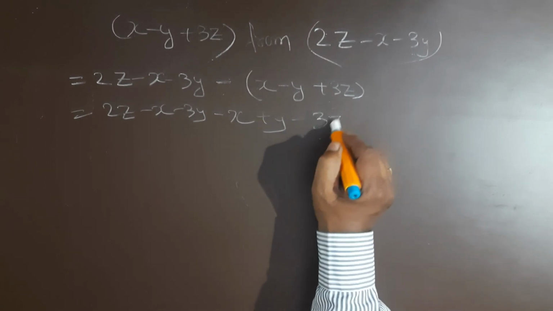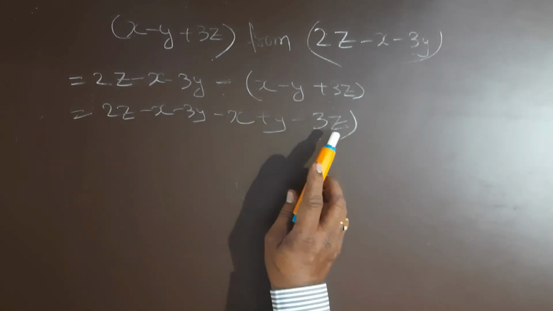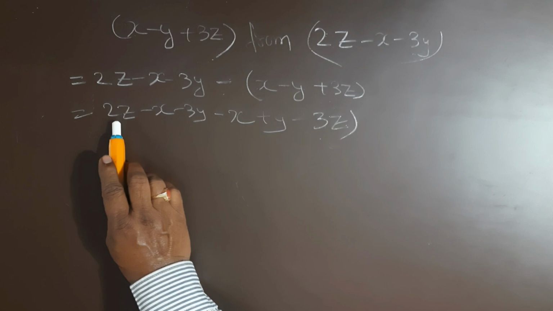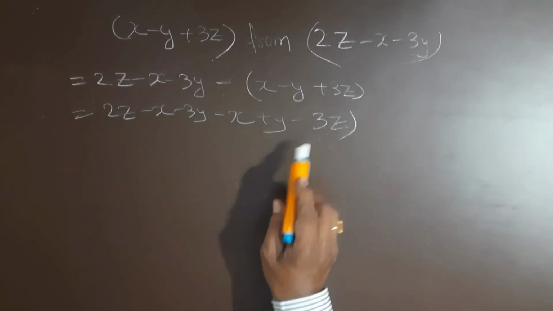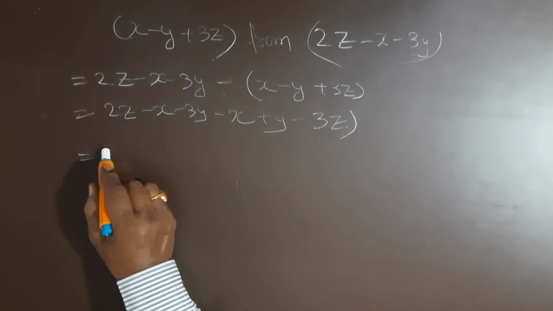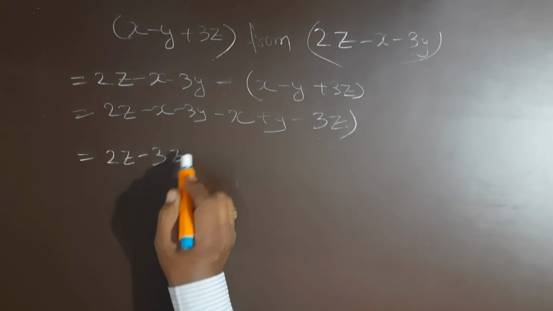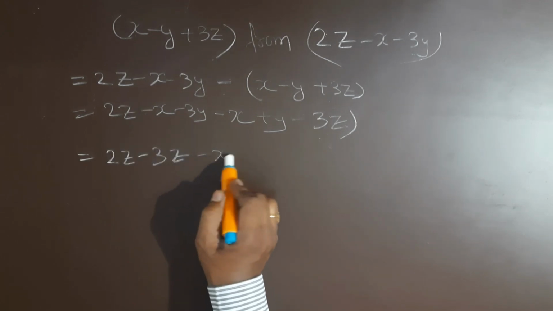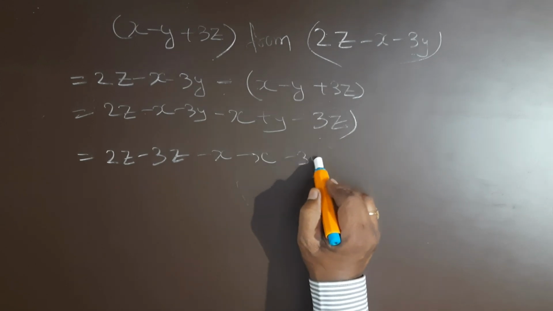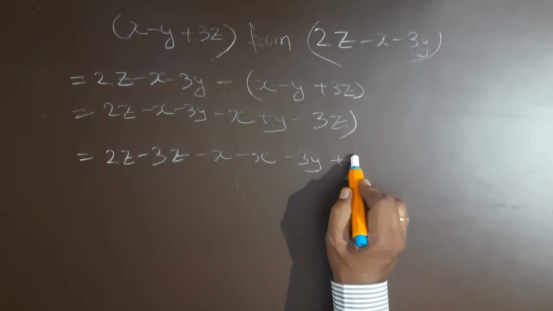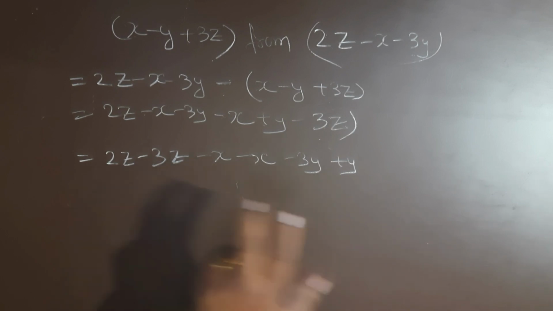Now like terms, z and z: this is 2z, this is minus 3z. 2z minus 3z is how much? Copy it down, you can simply write it 2z minus 3z, then x, this is also x, minus 3y plus y. Or you can write x first, y second and z third.